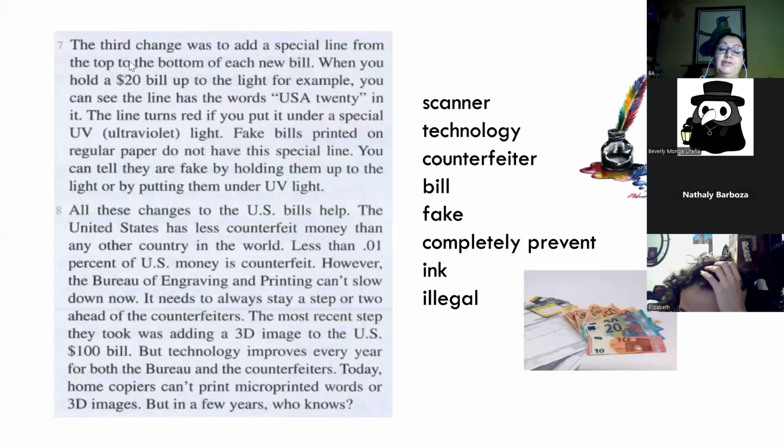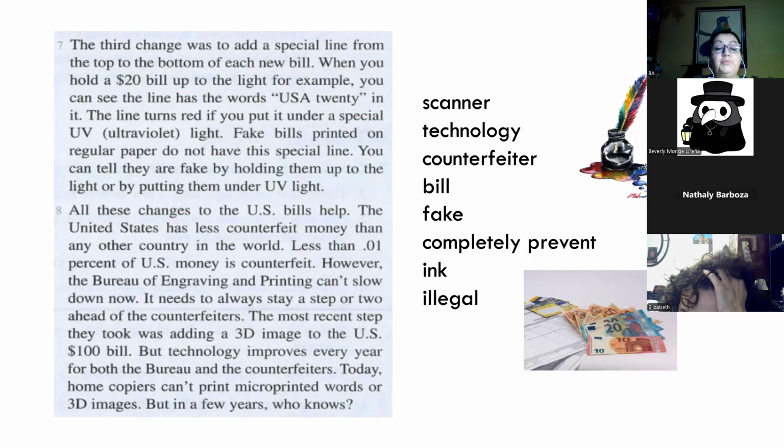7. The third change was to add a special line from the top to the bottom of each new bill. When you hold a $20 bill up to the light, for example, you can see the line has the words USA 20 in it. The line turns red if you put it under a special UV light.